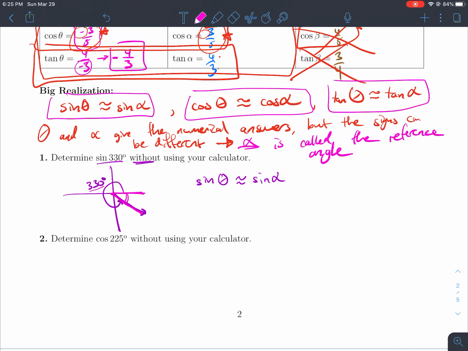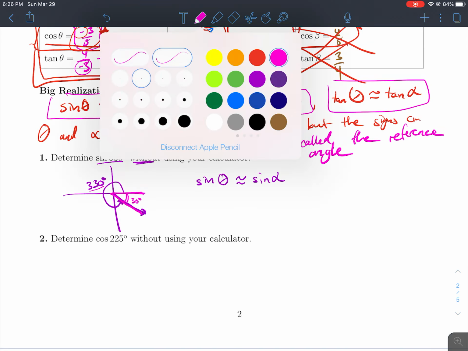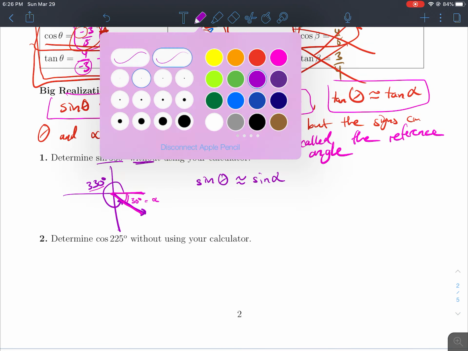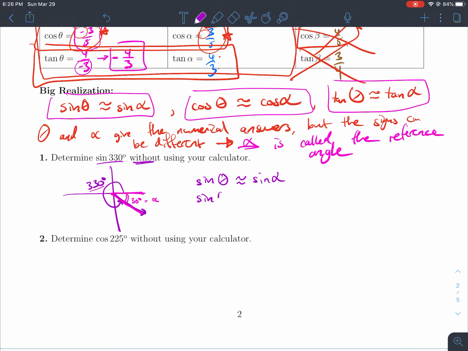If we had 330 here, if we had alpha, the whole thing would give us 360. And so this little missing piece here has to be 30 degrees. So that is alpha. Well, that gives us a huge benefit to finding sine of theta. We know now that the sine of theta is going to be very similar to the sine of 30 degrees because 30 degrees is alpha.